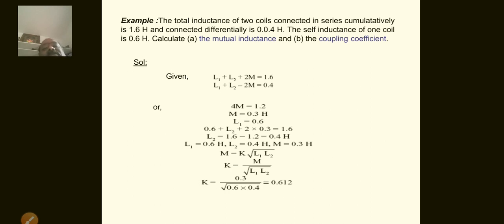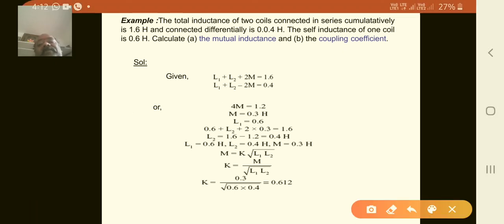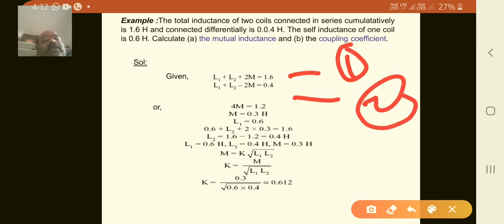From this, take equation 1 minus equation 2. L1 and L2 cancel and only 4M is left, because minus minus is plus.